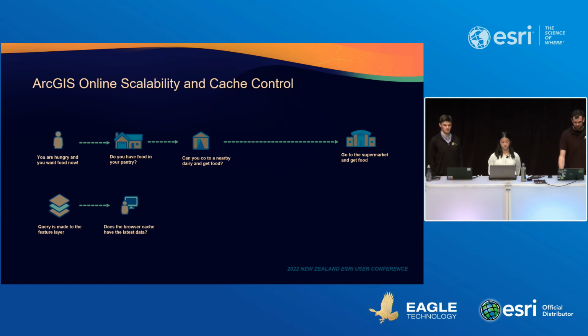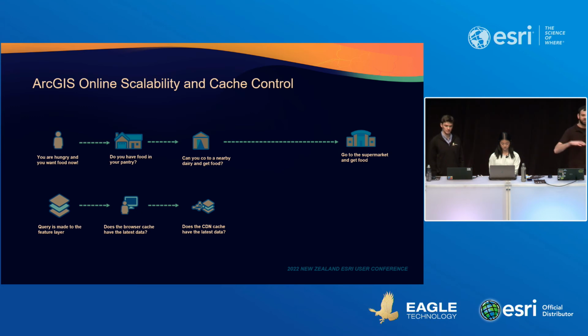The quickest thing would be to go and see your browser cache. Is that data already there and can it be returned? If it is, awesome. Really quick, really effective and efficient. If not, we've got this thing called the CDN cache. This is the Content Delivery Network cache. Basically it's an intermediate stage in between you and the database.